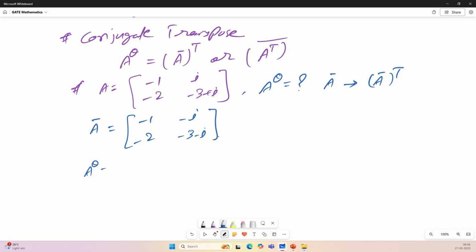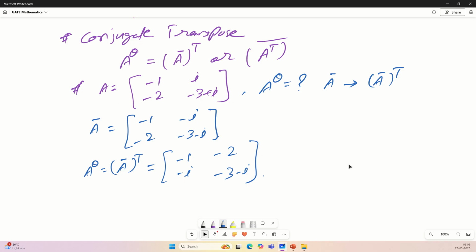We have to take the transpose of A conjugate. So you have to turn all the row elements into columns. So can we do that? -1, minus I, -2, -3 minus I. So this is your conjugate transpose of the matrix A which we have written here. Understood?